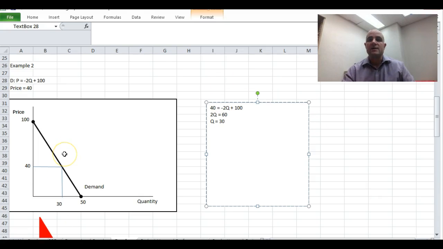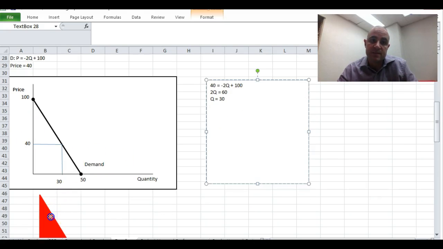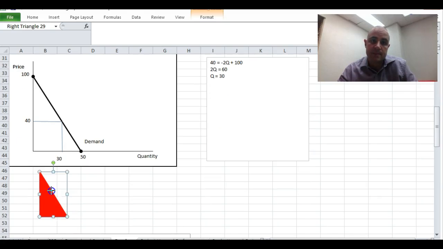Okay. All right, so now the consumer surplus is the difference between what they were willing to pay and what they actually paid. So again, it's the area below the demand, above the price, up to the quantity that gets purchased. So again, you have your demand, all right?